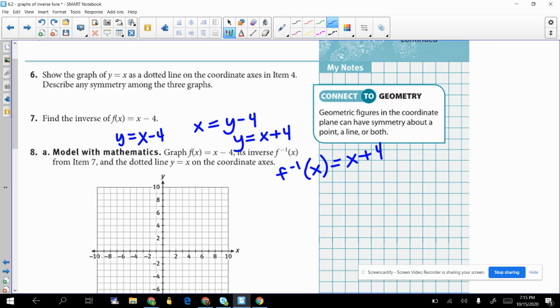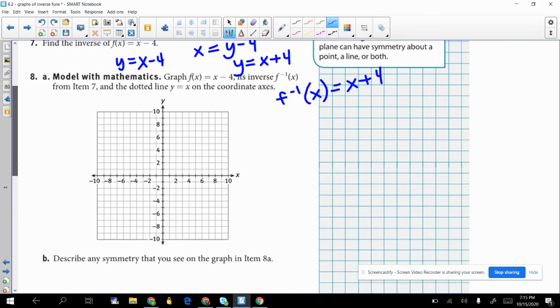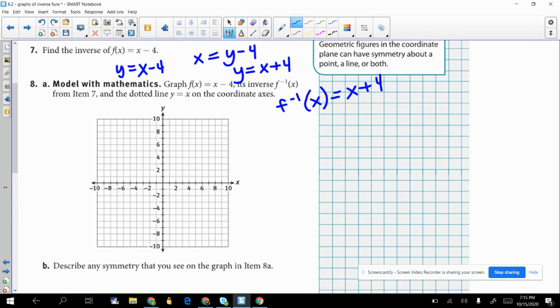Now it says to graph f of x and its inverse. So let's go ahead and do that. f of x, I'll do that in black, was x minus 4. So I would go down to negative 4, and I would go up 1 over 1. And that would be like this. And then in blue, I came up with the inverse, and I did that by hand, but again, you could do it graphically by just switching your ordered pairs.